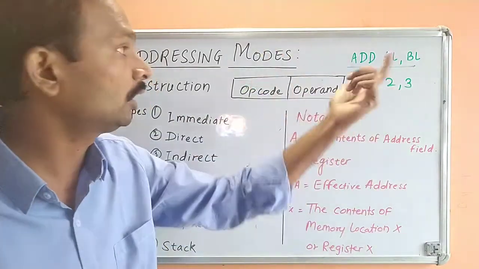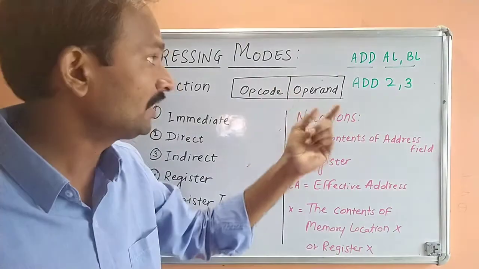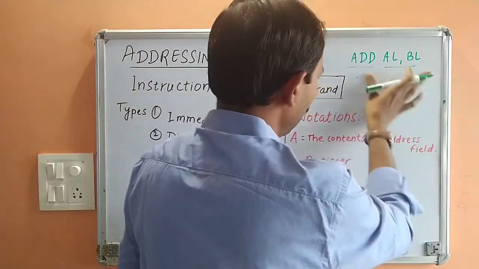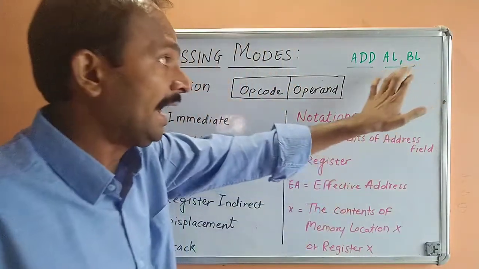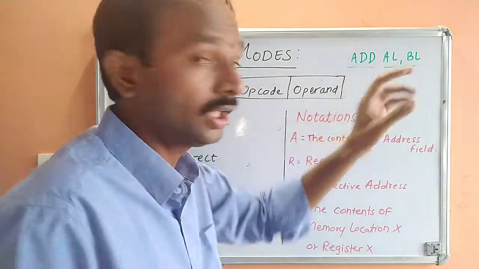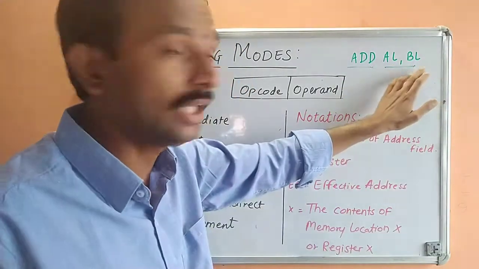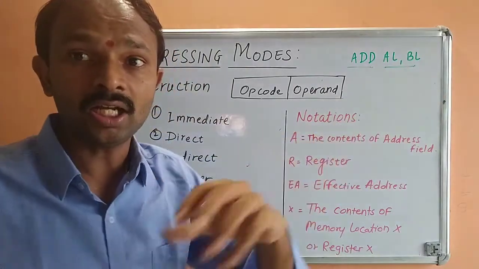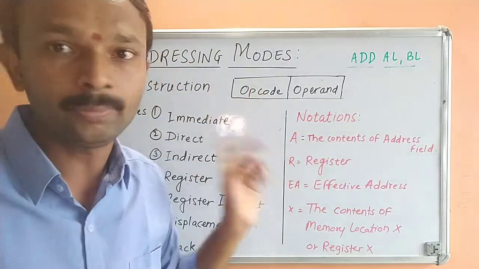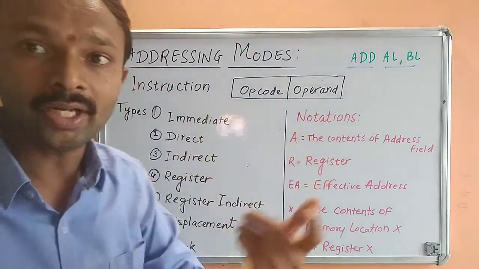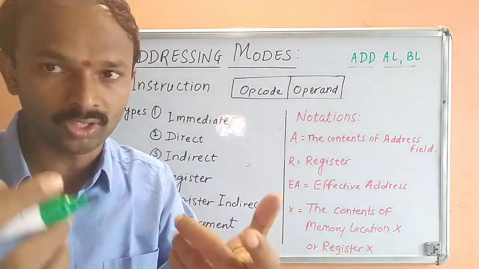So add 2, 3 has no meaning, but add AL, BL does, because inside the AL register there will be some data and inside the BL register there will be some data, and AL and BL are registers understandable by the processor. This is the proper instruction we need to write for the computer to understand.